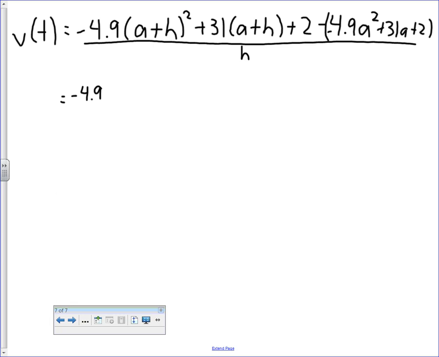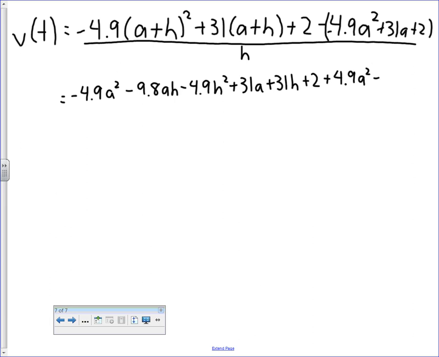So negative 4.9 a squared minus 9.8ah minus 4.9h squared plus 31a plus 31h plus 2, plus 4.9a squared minus 31a minus 2. It doesn't make it a lot easier to write even on a full page.